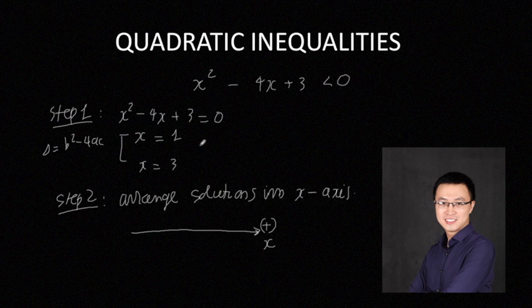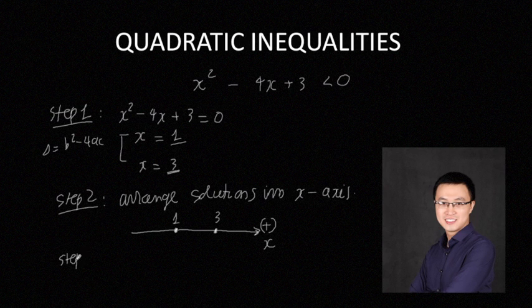We have two solutions here, x1 is 1 and x2 is 3. Arranging means you have to put 1 and 3 in order on the x-axis. So 1 will be on the left-hand side of 3, or 3 will be on the right-hand side of 1. From the left-hand side, the value of x on the x-axis increases. So we have 1 in this position and 3 in this position.